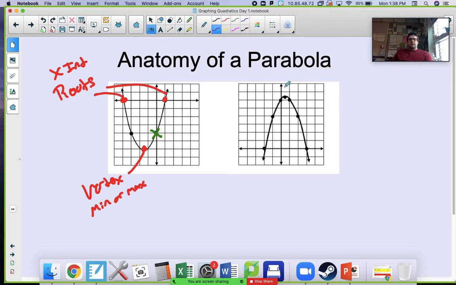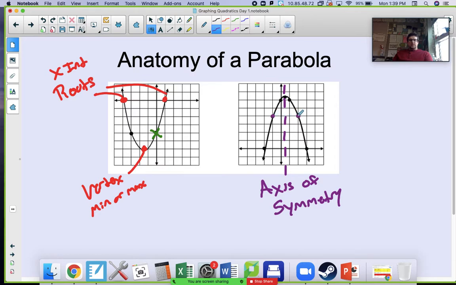Some cool parts about a parabola: if I draw a straight line through our vertex, that is the axis of symmetry. A parabola is perfectly symmetrical along that line.